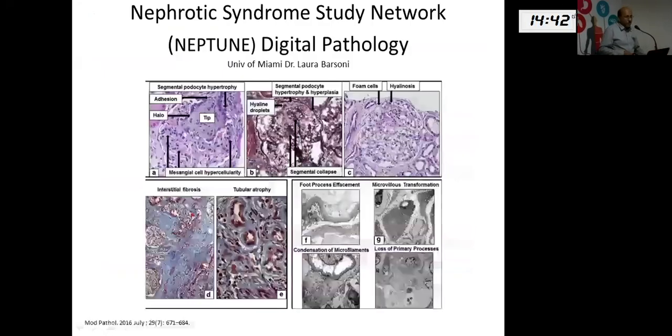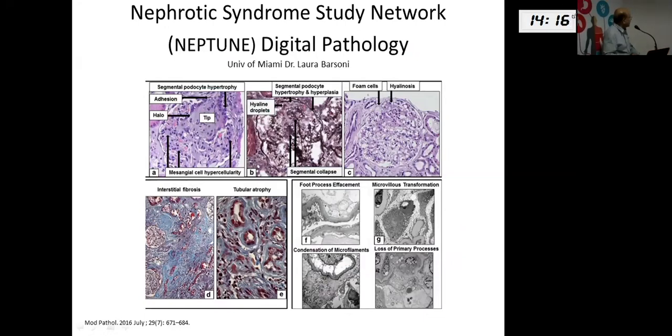Now, from the University of Miami, under Dr. Laura Bassoni, there is a huge effort at trying to digitize nephrotic syndrome in all forms and manner. You can see here that the segmental sclerosis, whether it's a tip lesion or some other lesion, can be quantified.